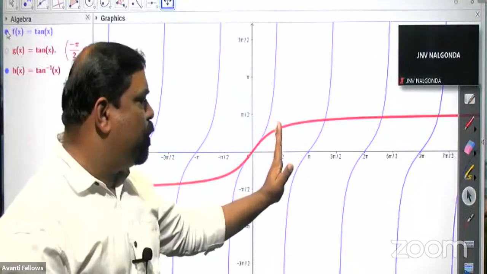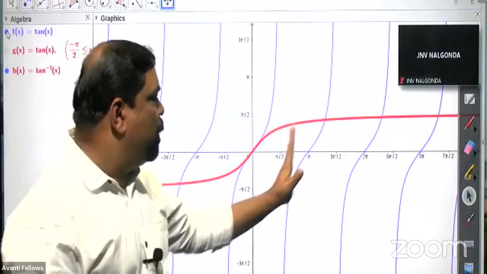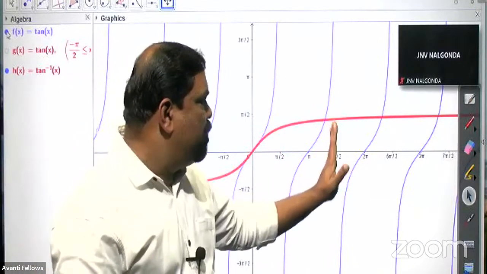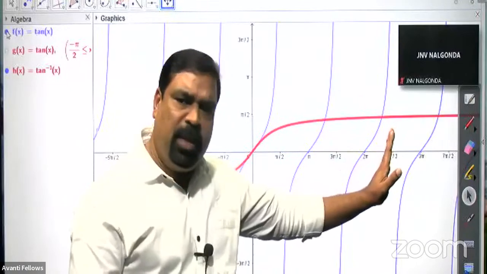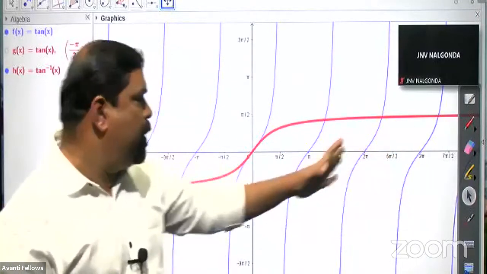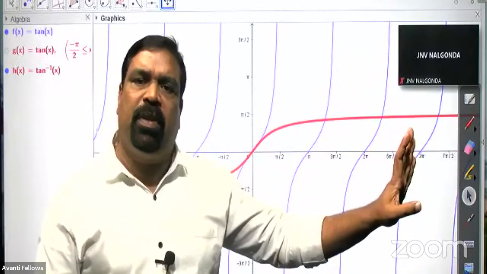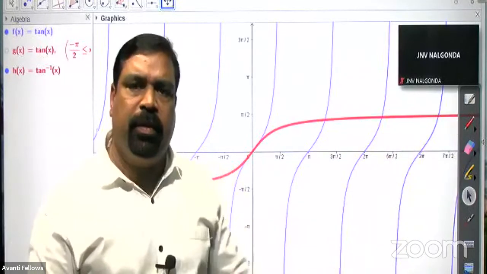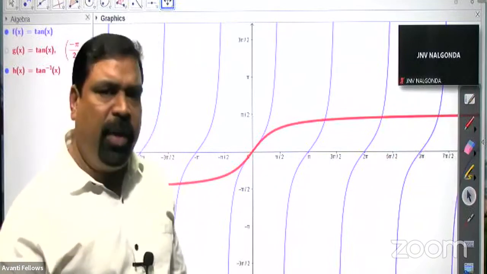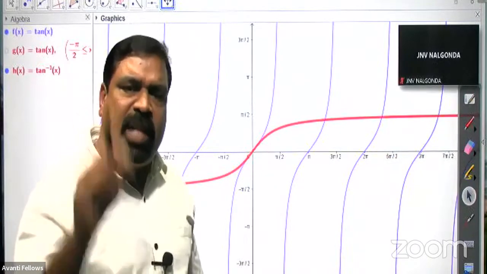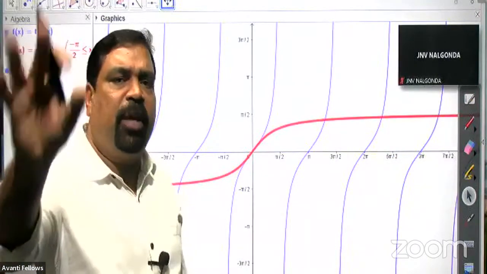So at pi by 2, 3 pi by 2, 5 pi by 2, it is not defined. Except those points, tan x is well defined everywhere. So that's the domain of tan x: all real numbers except odd multiples of pi by 2.